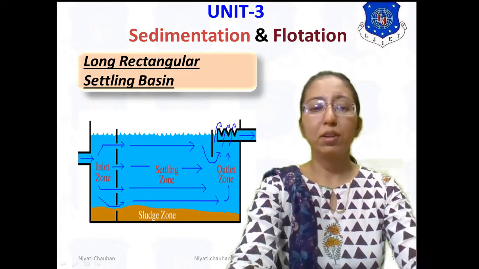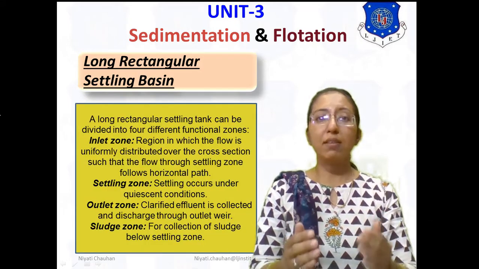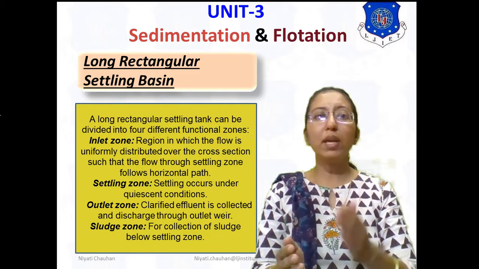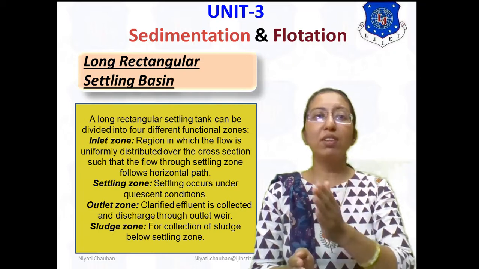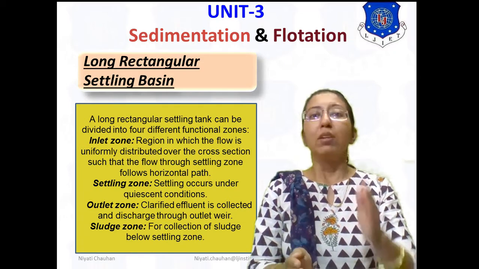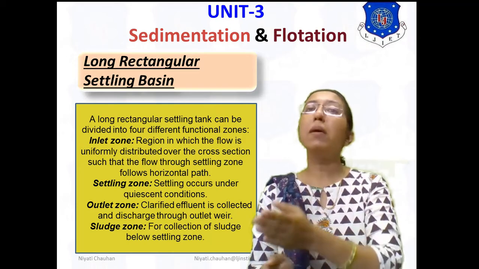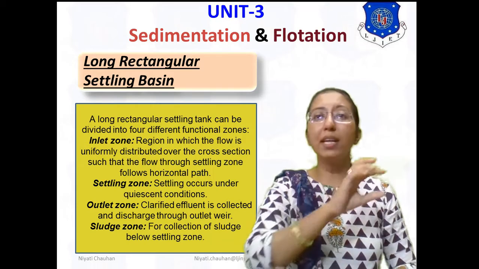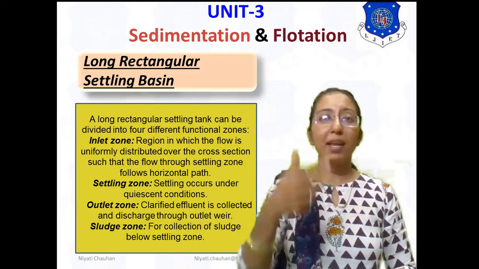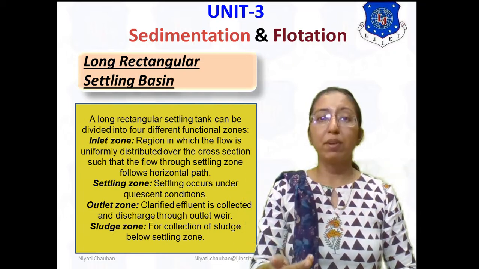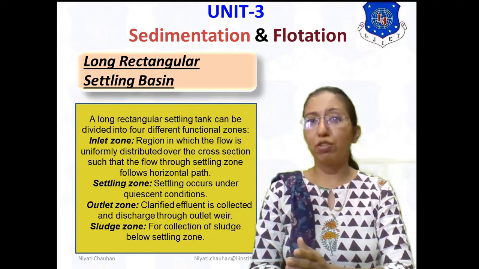So here you can see the inlet zone, the region in which the flow is uniformly distributed over the cross section such that the flow through the settling zone follows a horizontal path. Next is the settling zone. Settling occurs under quiescent condition.